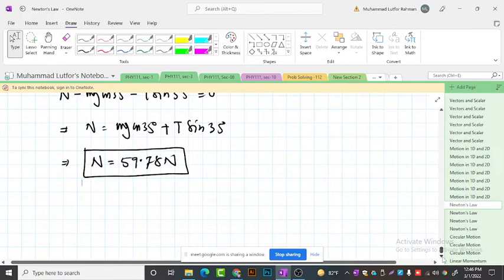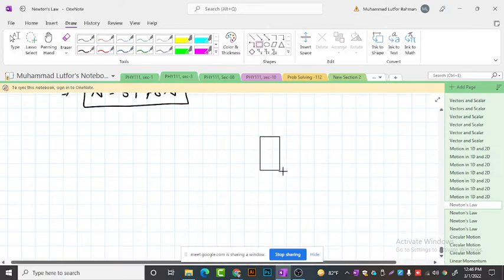Now say I have a block on a horizontal surface, and I'm going to drag this block by applying some force which is 15 Newton, and it makes an angle theta with the horizontal.